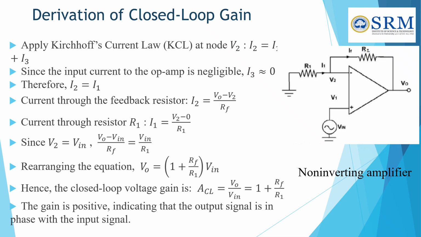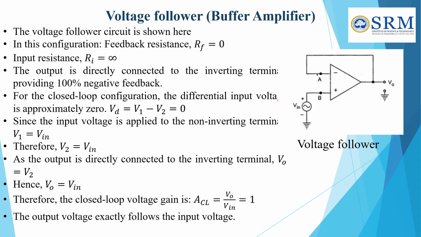Rearranging the equation, V0 equal to 1 plus Rf by R1 into Vin. So the closed loop gain of this configuration, ACL, equals Vout by Vin, which is 1 plus Rf by R1. The gain is positive, which indicates the output signal will be in phase with the input signal.